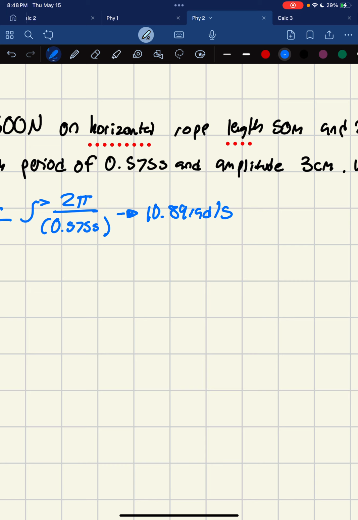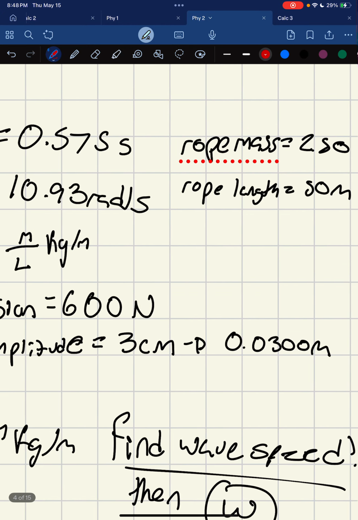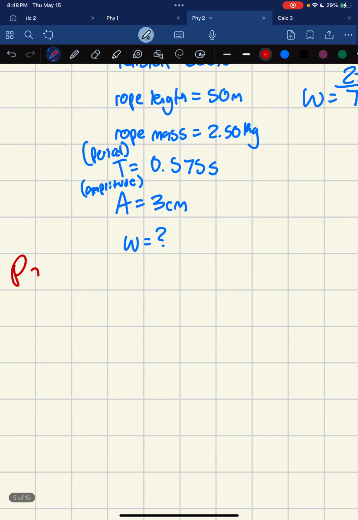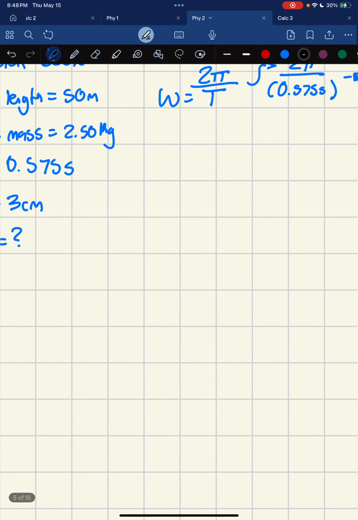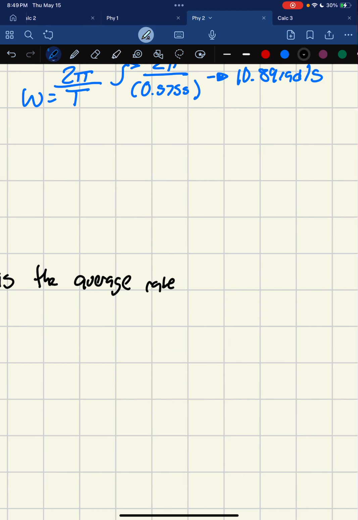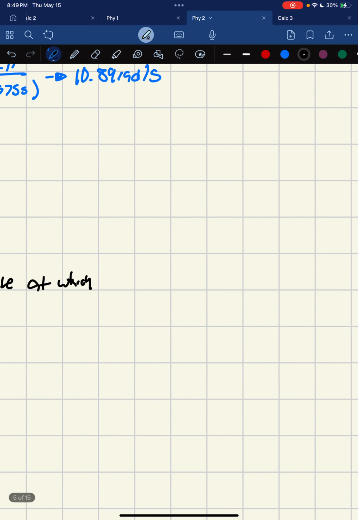Okay, so for part B, this one says, what is the average rate at which energy is transferred along the rope?